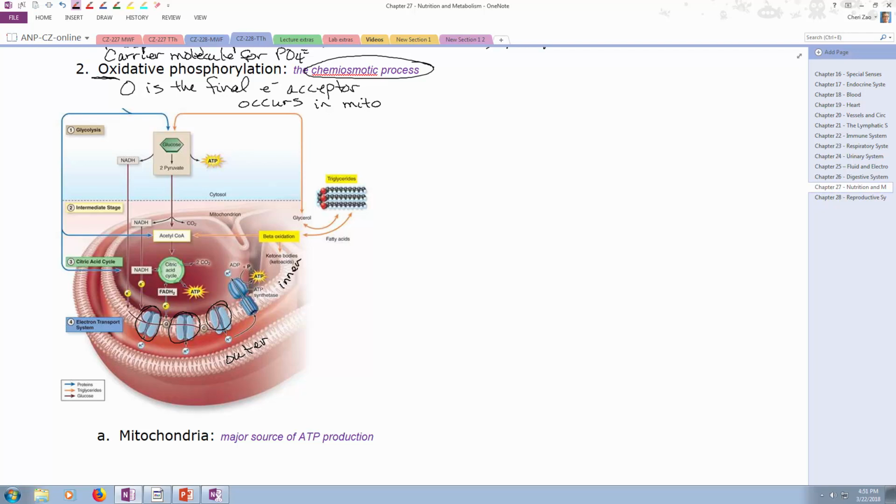That's why we have pumps, right? Because we can use diffusion if it's the other way around. So these are proton pumps. They're designed to move protons from an area of low concentration to an area of high concentration, which is in this intermembrane space.